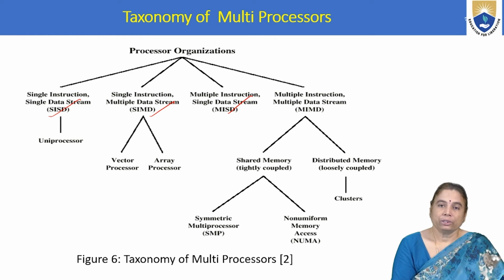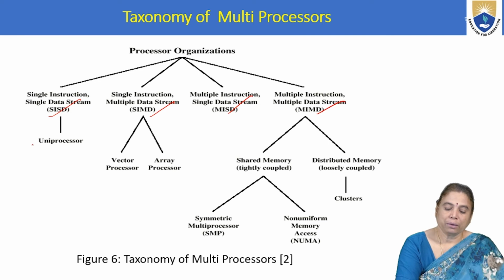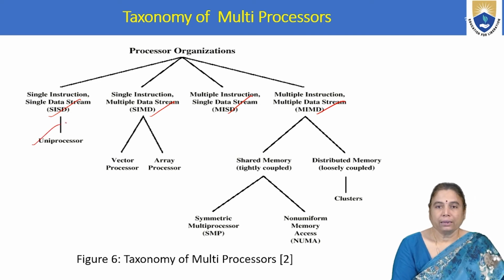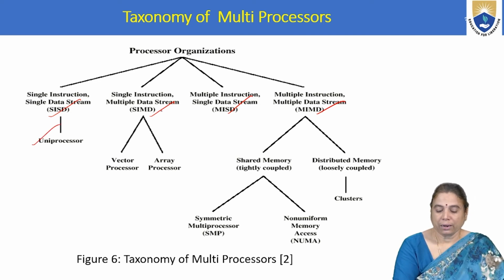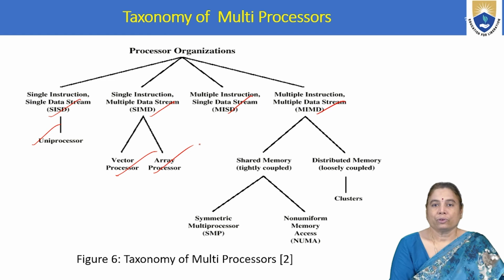Fourth is MIMD, multiple instruction multiple data stream. Single instruction single data stream machines are uniprocessors. Single instruction multiple data stream machines are used for vector processing and array processing, so that the task can be divided into subtasks and carried out in parallel with various operands.